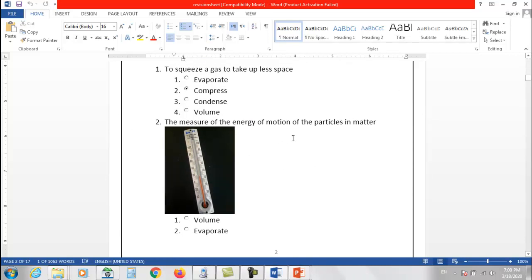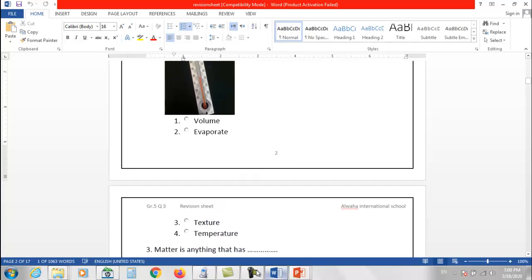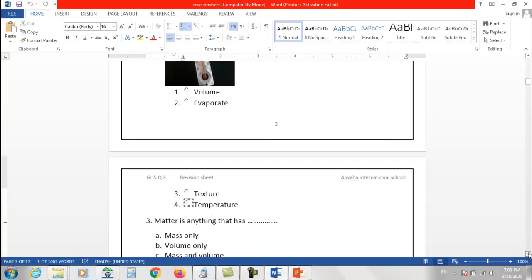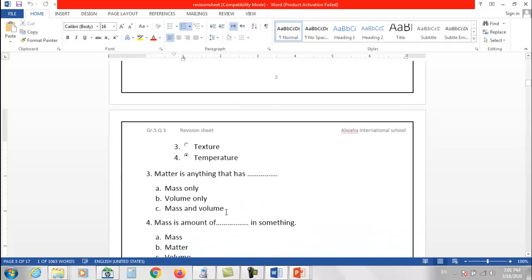The measure of energy of motion of the particles in matter is volume, evaporate, texture, or temperature. Yes, excellent, temperature. Matter is anything that has mass only, volume only, or mass and volume. Excellent, it will be number C.